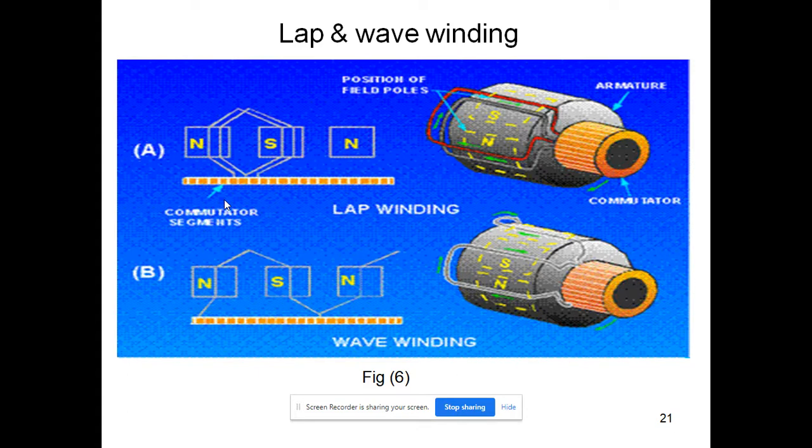Here we can see the clear pictures of lap winding and also wave winding. You can see here armature, commutator and the commutator segments.